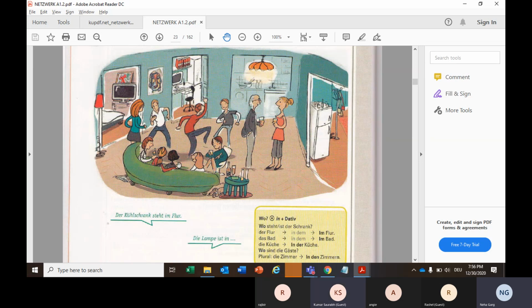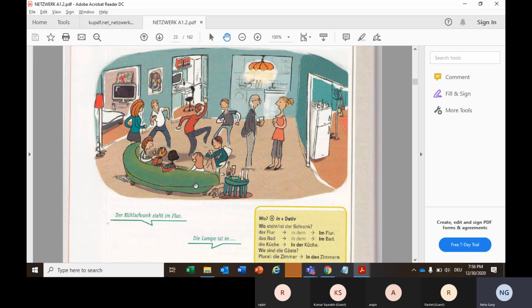Sitzt neben seinem Freund, and S should be capital. Ich sitze auf dem Sofa, S capital. Ich rede mit meinem Freund. Grammatically it's correct, but you had to use the Wechsel preposition. Mit is a dative preposition. Die Leute reden miteinander. That is also correct, but again it's not a Wechsel preposition.